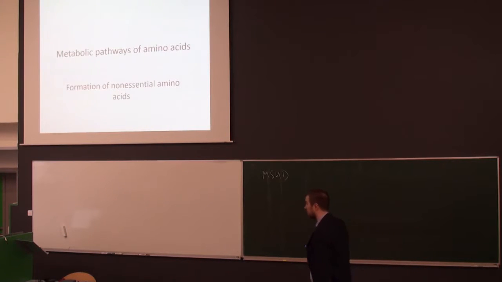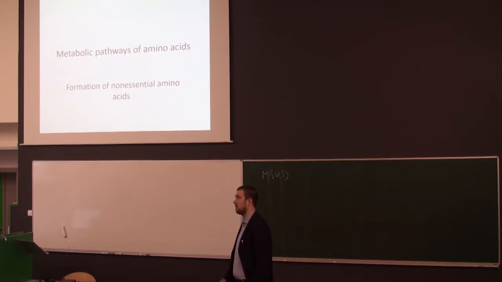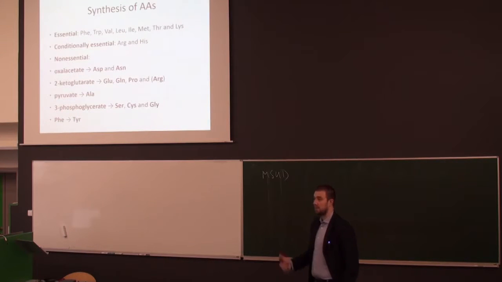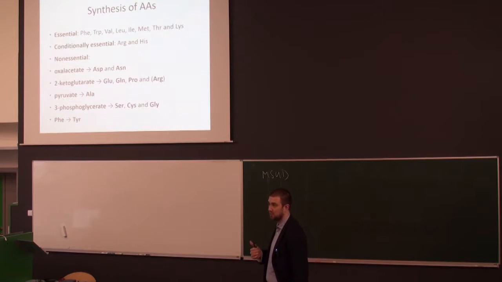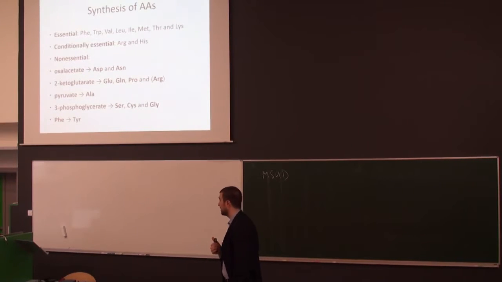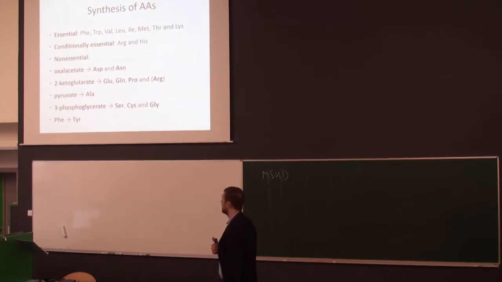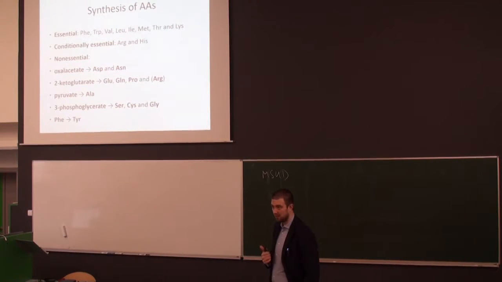Second part is the formation of non-essential amino acids. So before we look at them, first important information is that we cannot produce essential amino acids. So in the test you can meet variations of the questions, for example, that valine is produced from pyruvate.